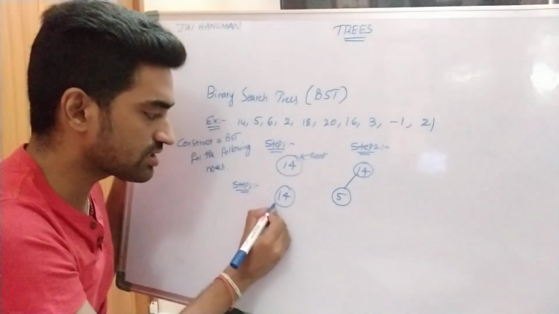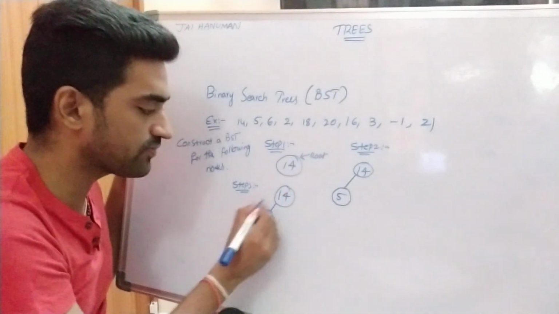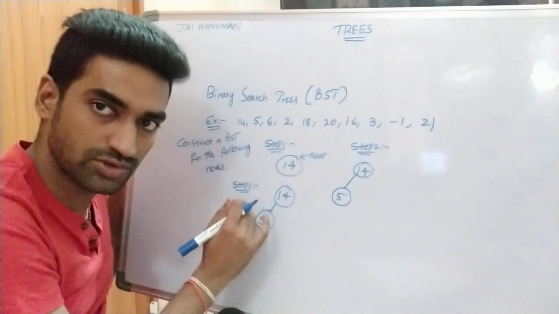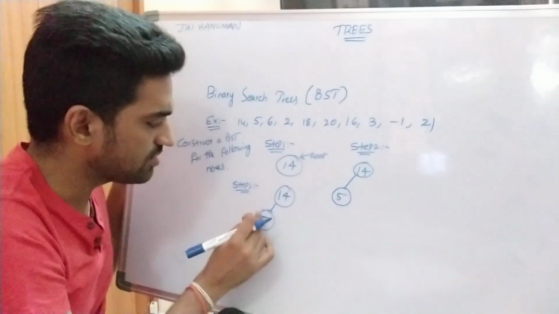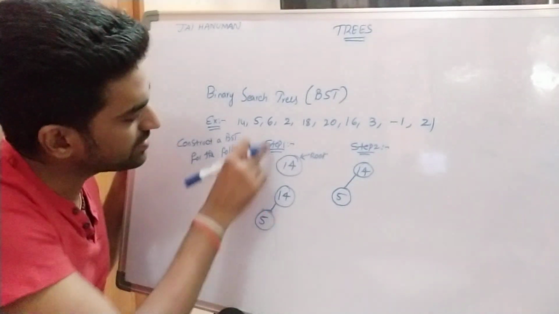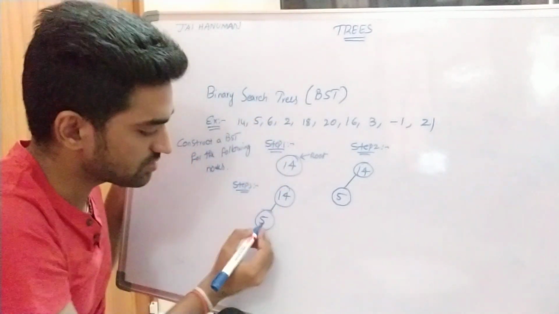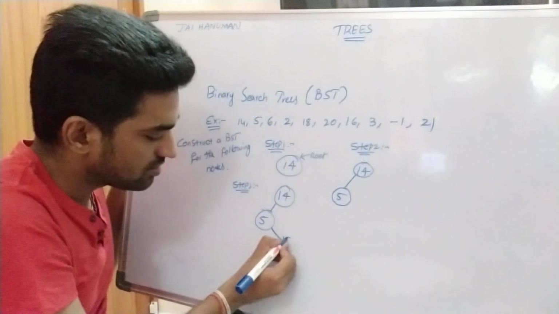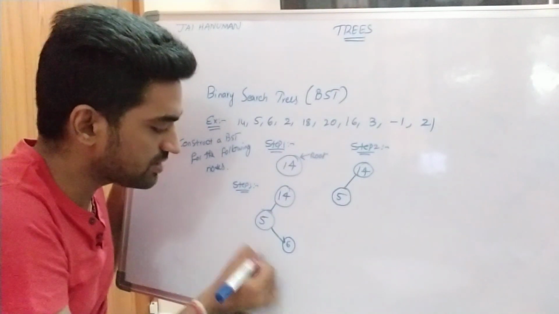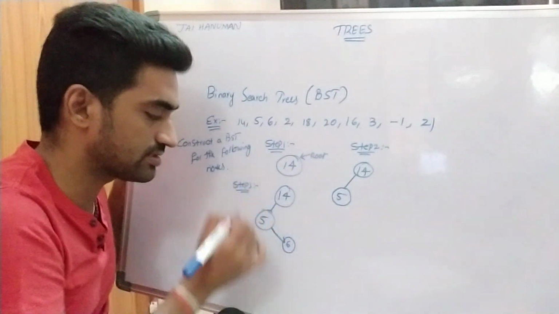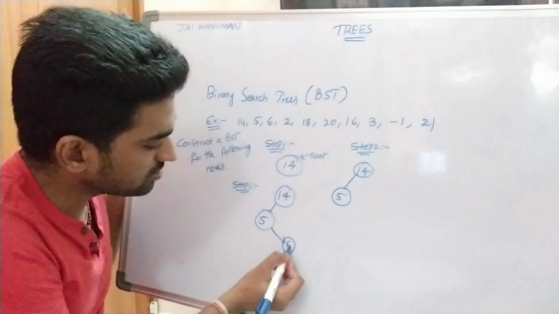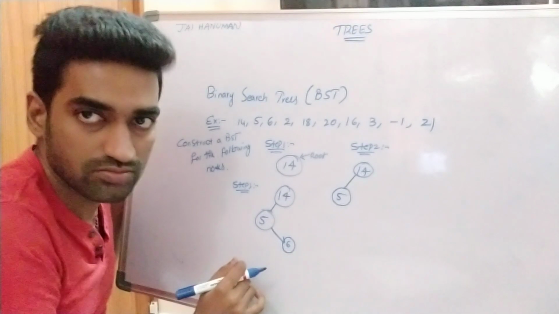This is a lesser value, so we can insert it at the left subtree. Again we compare the left subtree root to the inserted element, right? Here the left subtree root is 5, and the inserted element is greater than 5, so we can insert 6 at the right position of the left subtree, right? When compared to the root, this is a lesser value, right?